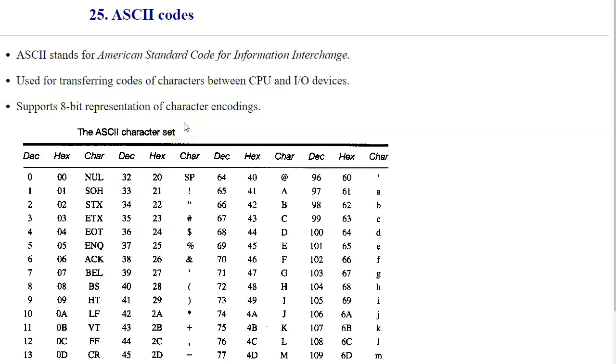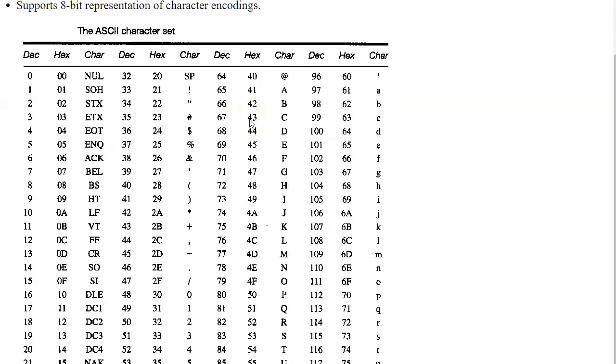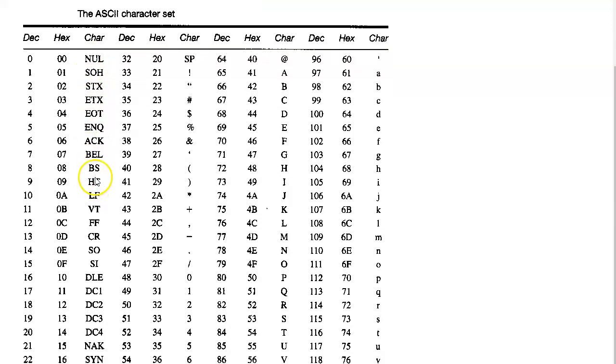ASCII codes. ASCII stands for American Standard Code for Information Interchange. It is simply an encoding schema of characters. In this table, I give you a quick look at decimal values, hexadecimal equivalents, and popular names for characters that are considered to be control characters.